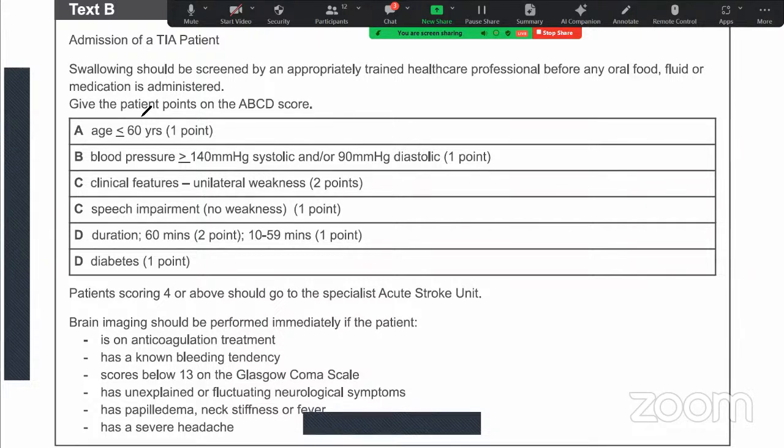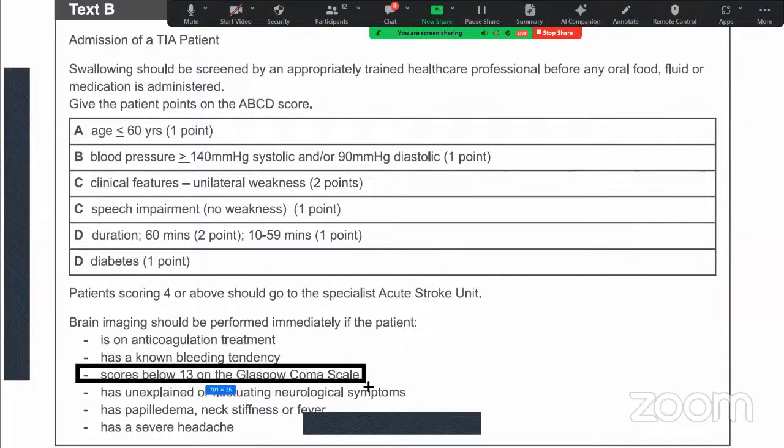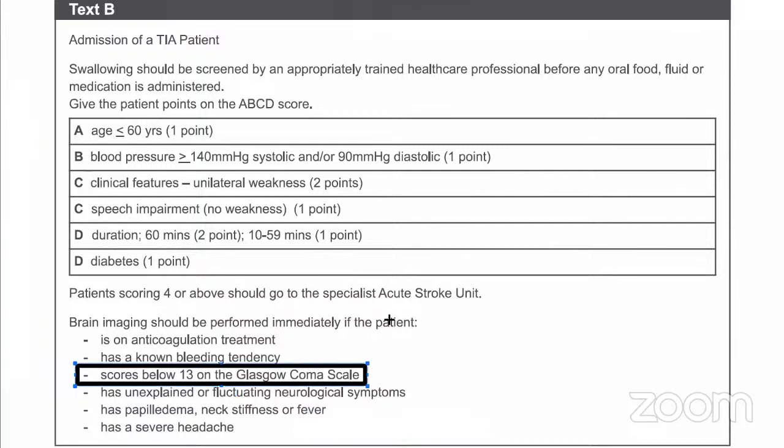You can see there what should be done. Right? So, here it is. If the score is below 13 on the Glasgow Coma Scale, GCS means Glasgow Coma Scale, and it is 11. 11 means below 13.